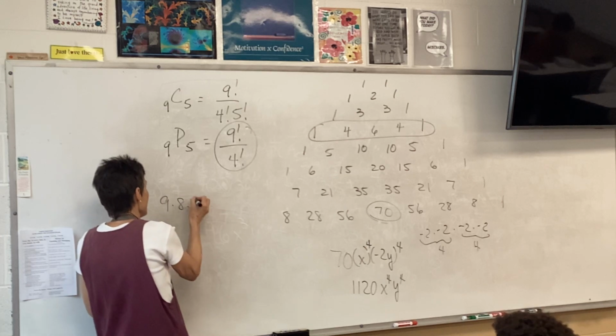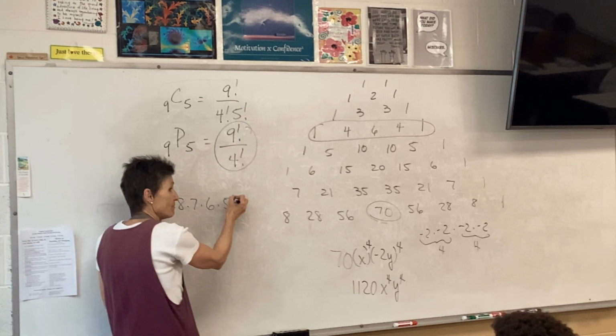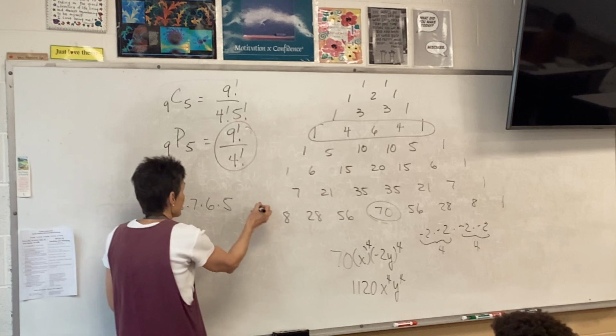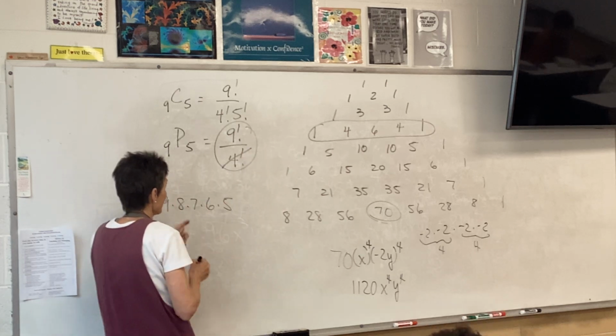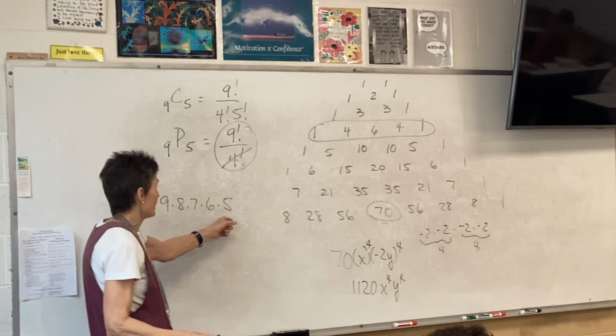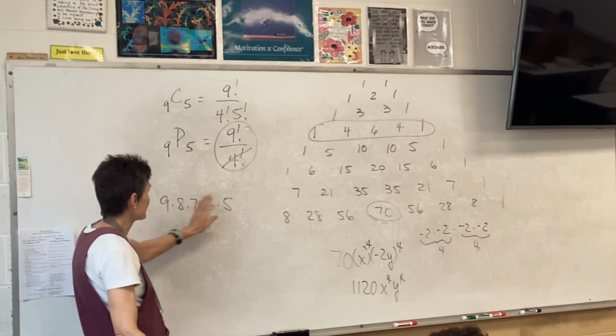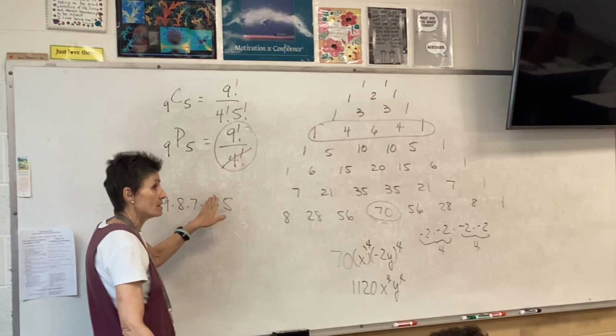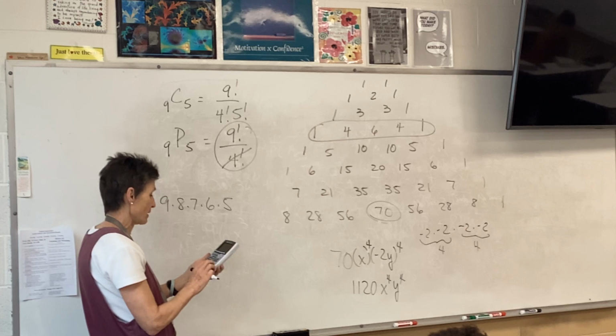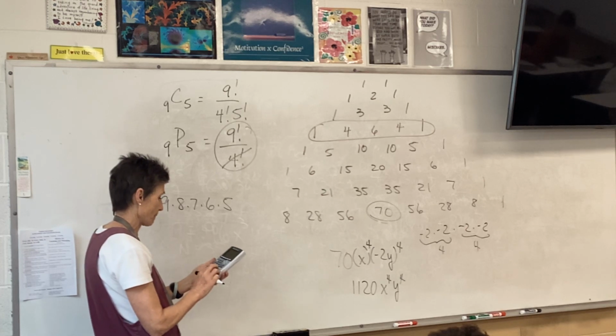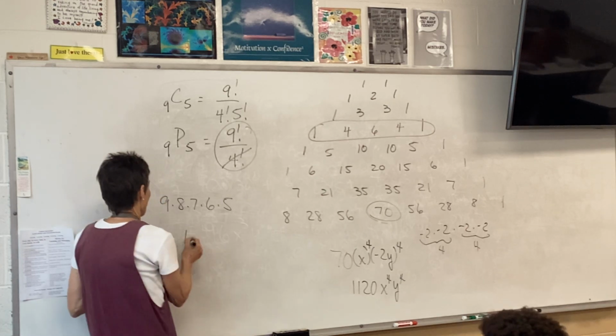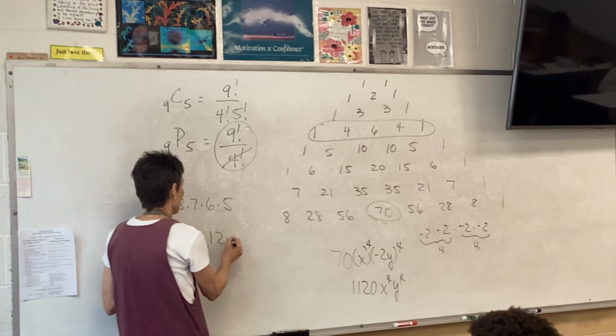So 9, 8, 7, 6, 5. And then everything after that's gonna cancel with that. I wanna see this canceling, but you can type that in on your calculator. I got 15,120.